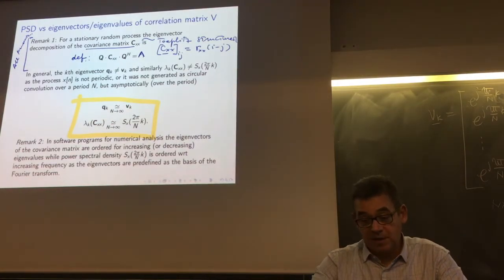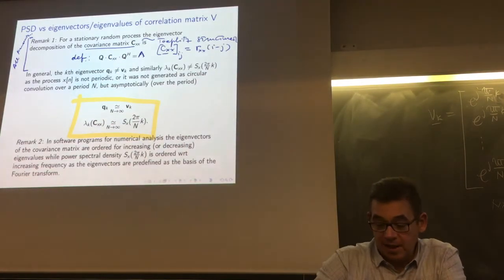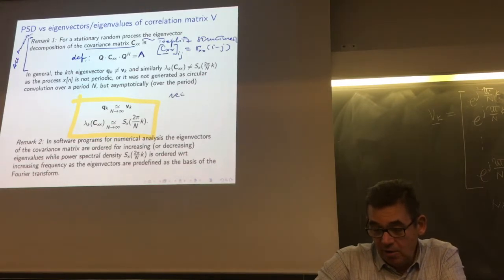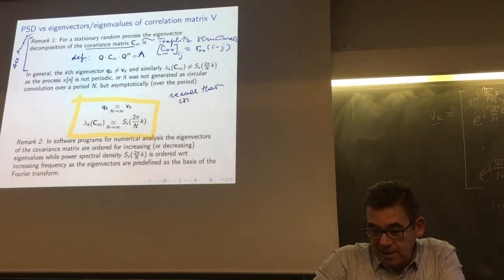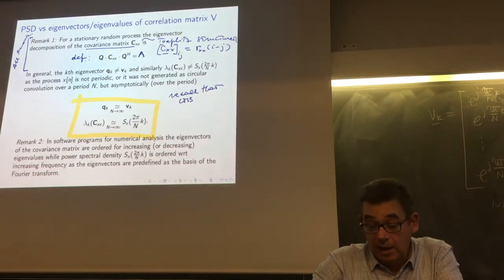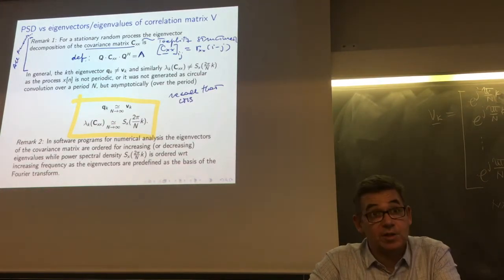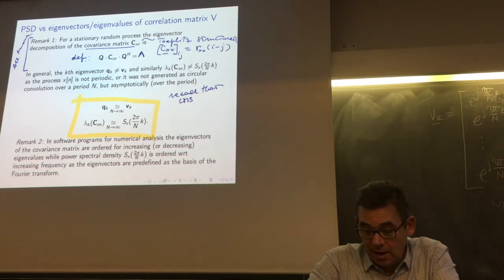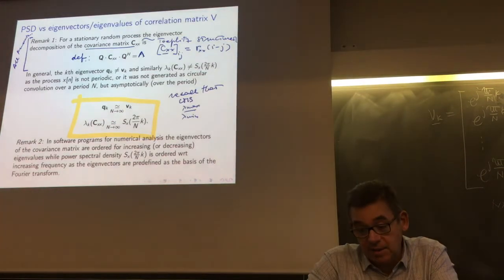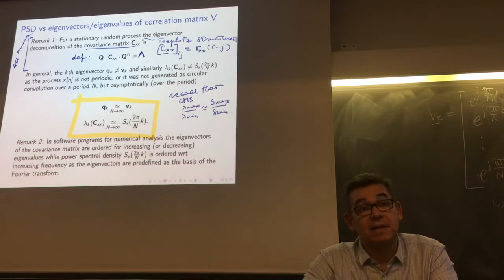Now, from this rule, recall that for the LMS algorithm, the convergence rate depends on lambda max over lambda min. You remember? And we said this is approximately equal to the power spectral density max over the power spectral density min.